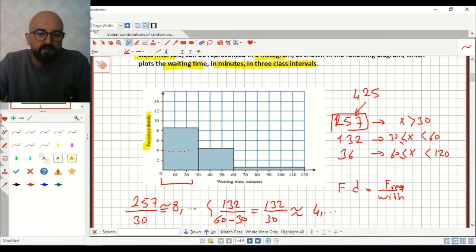And the last class for frequency density is 36 over width, 120 minus 60, so 36 over 60, it means 0.6, as you see in this diagram related to frequency density.